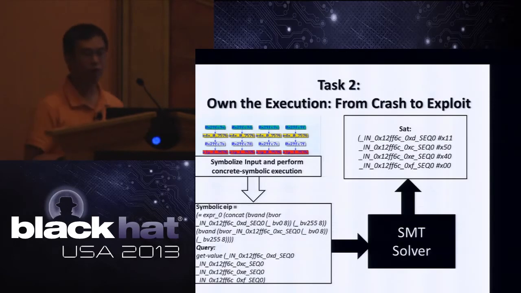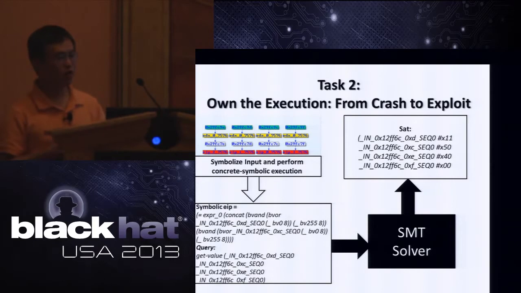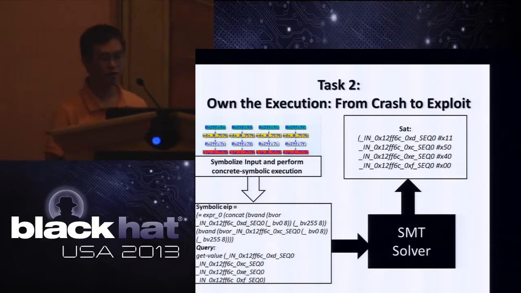And once it's done, click the button, you can send the query to CBAS, and CBAS does basically the same process you have seen for the branch conditions. The only difference here is we're not constraining on a branch condition this time, it's constraining on a particular register's value. And once you get the result back, you basically get the assignment of the input bytes.